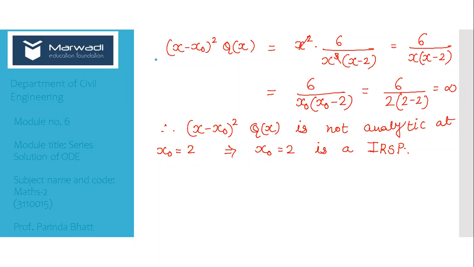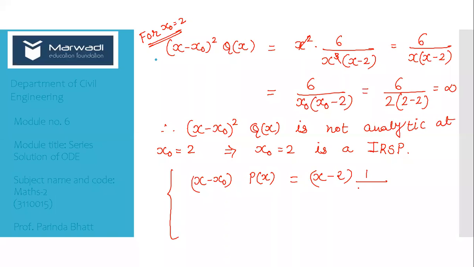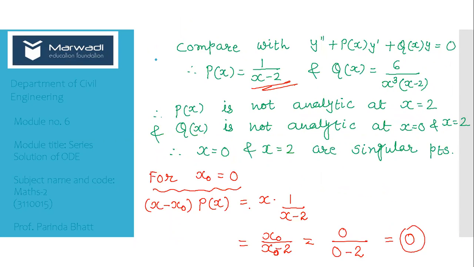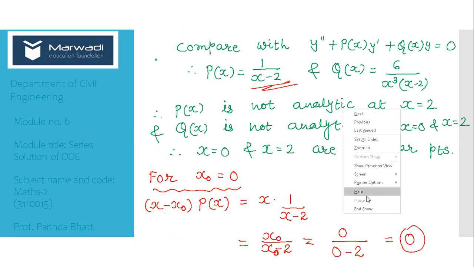Now for x0 equal to 2 you check whether the first condition is satisfied: x minus x0 times p of x, which is x minus 2 times 1 by x minus 2. Therefore, the answer is 1. Yes, it's analytic. But the second condition is not satisfied. In the same way, for x0 equal to 0, we check the second condition over here.